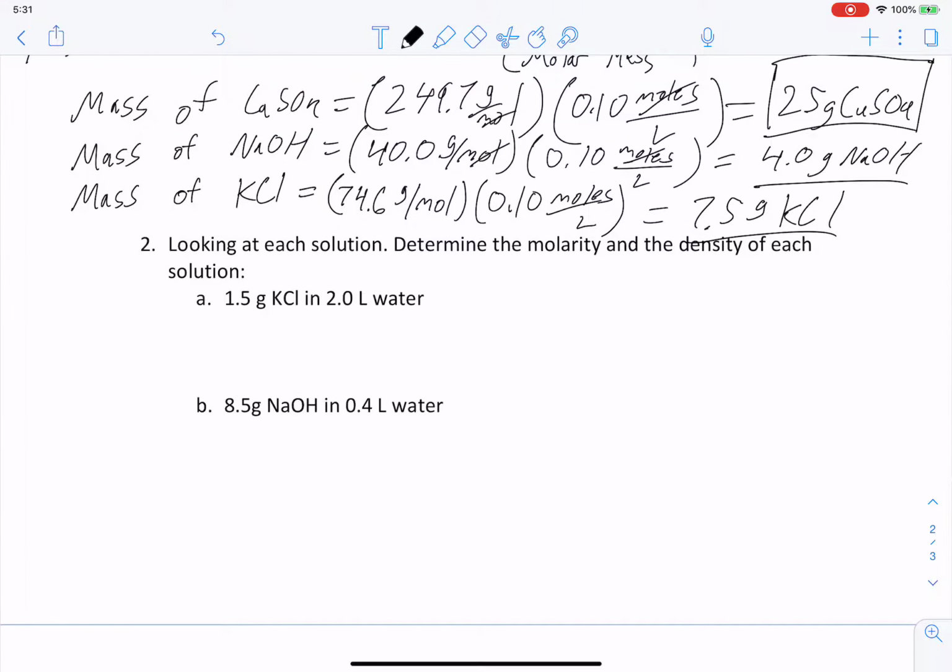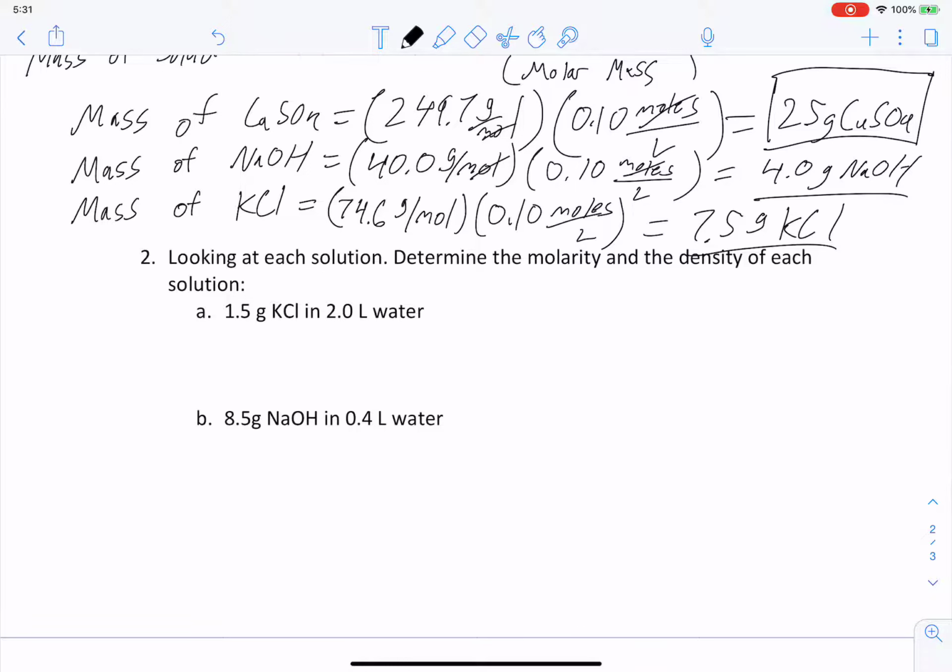All right, so for number 2, looking at each solution, determine the molarity and the density of each solution. If you remember, the density is just grams over liters. We'll start by solving for that first, just because we don't have to do any extra steps.